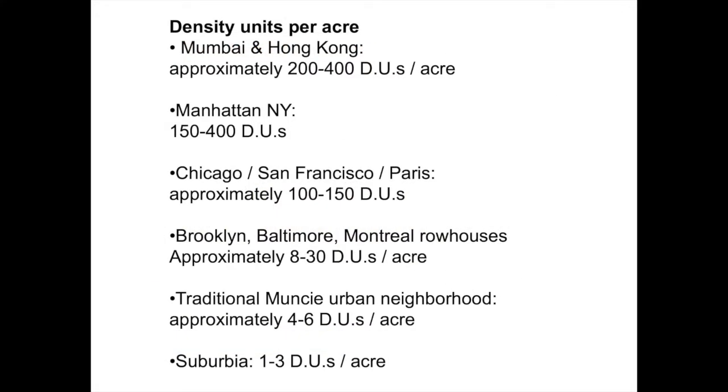But we are less dense than most of the world. So the rest of the world lives much denser than we do. So if we look at suburbia as 1 to 3 density units per acre, 1 to 3 dwelling units per football field, then just pushing the envelope of what we consider to be density does get us back into our 17th to 19th century neighbors, but it still doesn't get anything close to Manhattan or Hong Kong.